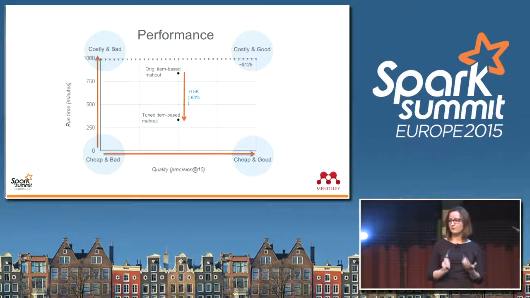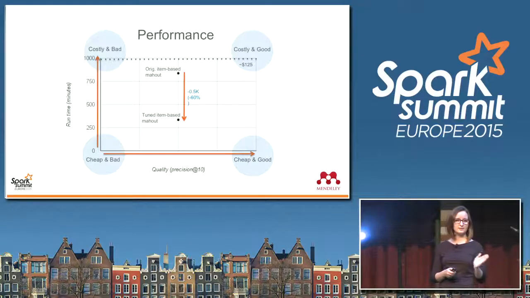When we first started and we ran Mahout on the subset of the data, item-based gave us a point. And then over time, we started looking into it, and it wasn't efficiently utilizing the mappers or the reducers.